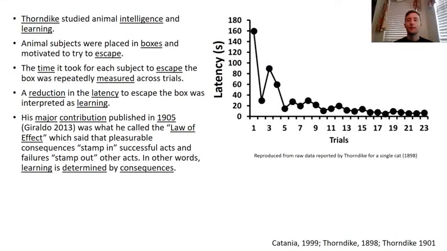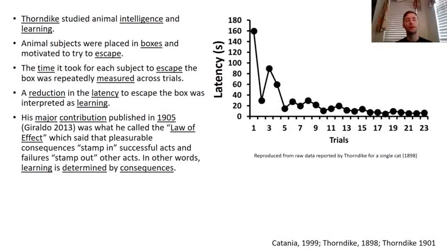Now, Thorndike's major contribution, published in 1905, according to Giraldo 2013, was what he called the law of effect, which said that pleasurable consequences stamp in successful acts, and failures stamp out other acts. In other words, learning is determined by consequences.